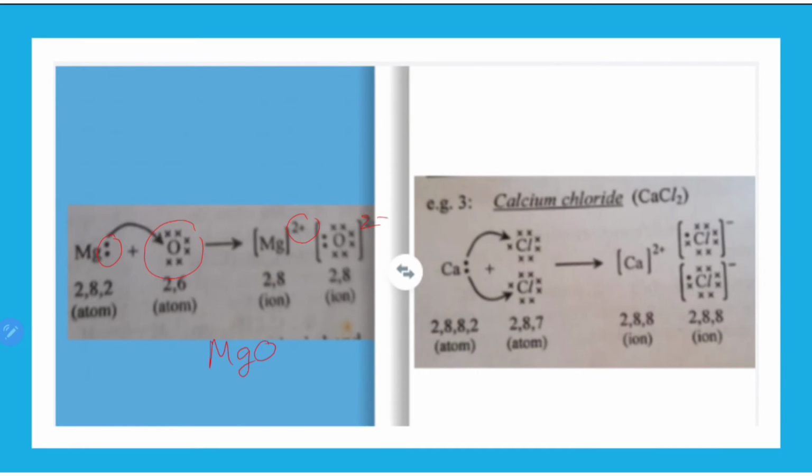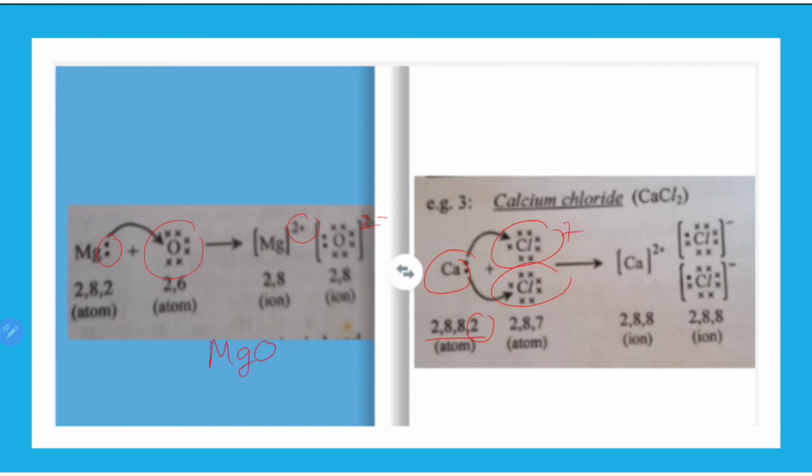The other example, here we have Ca with electronic configuration 2, 8, 8, 2, so it releases 2 electrons. The 2 electrons are given to 2 chlorine atoms. Why should it be 2 chlorine atoms? Because one chlorine atom will only accept 1 electron, because the valence electrons of chlorine are already 7.